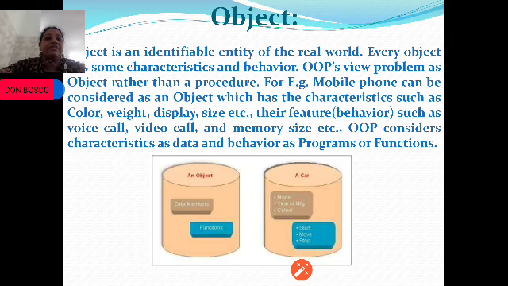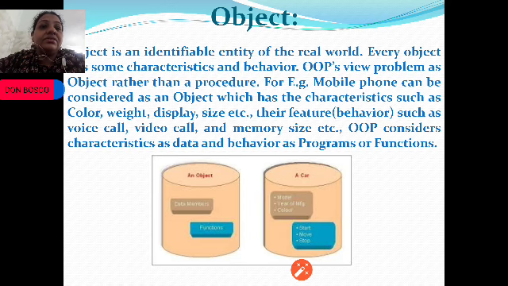Similarly, take the example of a student who has the characteristics of name, father's name, register number, combination, marks. These are the characteristics of an object. Along with these characteristics, a student will do certain actions, such as participating in some sports, winning some prizes, writing an exam.